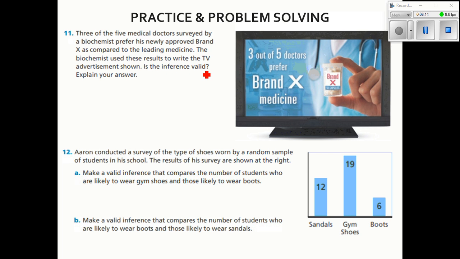It's information that I can take about what was said and make a valid conclusion from it. This advertisement states that 3 out of 5 doctors prefer brand X medicine, but it says 3 of 5 medical doctors surveyed by a biochemist prefer this. He only asked 5 people. Really, that's not a big enough sample. So I'm going to say no, it's not valid.